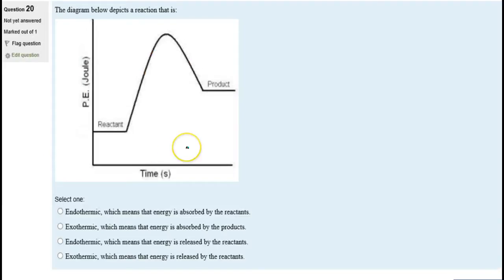In this problem, it's asking you to determine what the graph is depicting. We have some reactants over here and some products over here. The reactants have less energy than the products. So what must be happening is that the reactants are going to absorb energy.